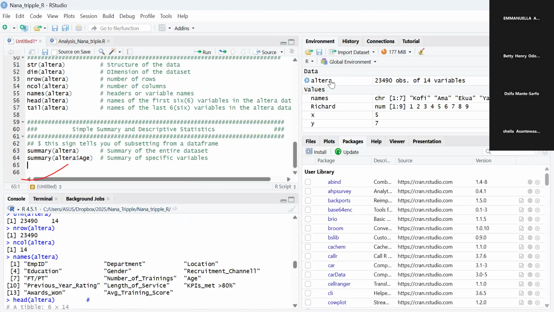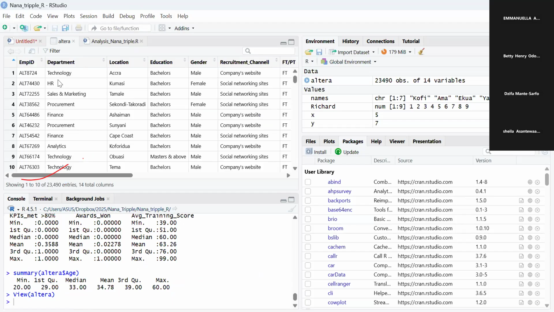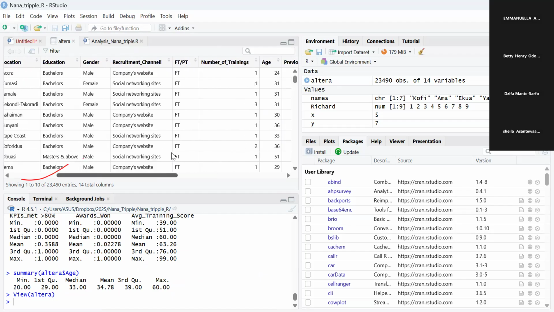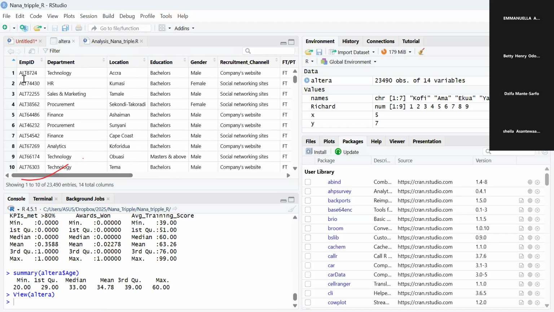You can click on this. You see where my mouse is? And then the data set will open. Now, do we have the names? I think there were no names here, right? There was no name. So let's assume you have employee ID, so let's use employee ID. Is it okay? Right, Prof. Yes, since we don't have the names, we are going to use employee ID.